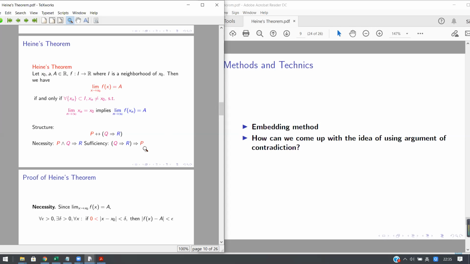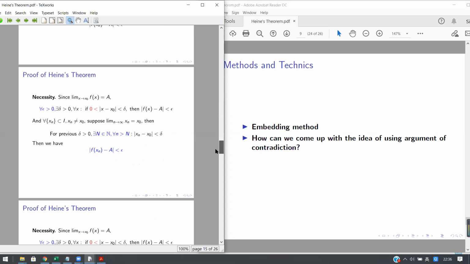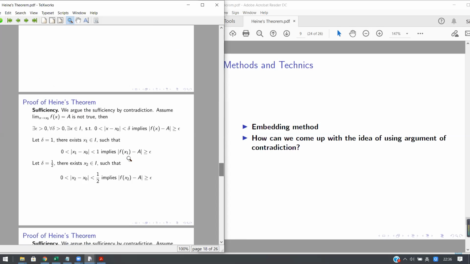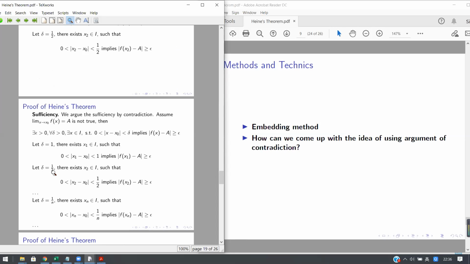And it is this condition that helped us finally find the contradiction, right? We have to assume P is not true so that we can find this sequence.